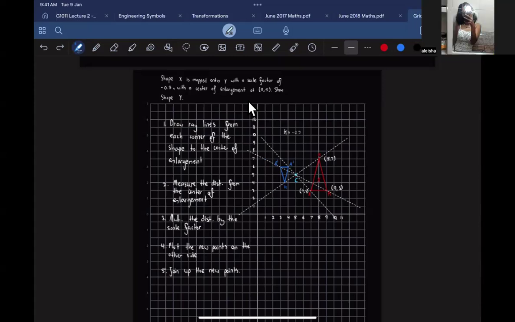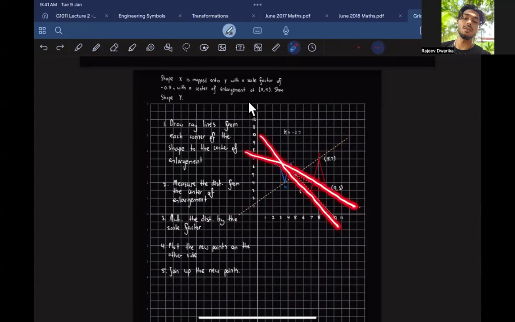Watch, let's see how I do this question. I put on my center of enlargement. Then I do this to come up with my real lines.